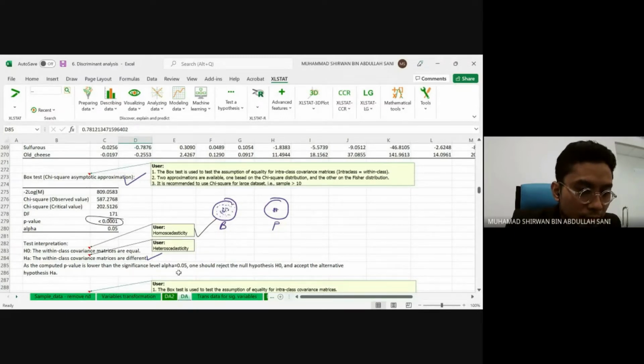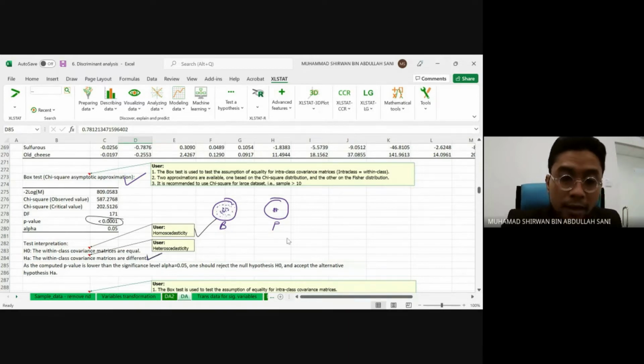It is lower than the significance level 0.05, so one should reject the null hypothesis and accept the alternative hypothesis, meaning that heteroscedasticity occurs here in the data set. However, as we have conducted the variable transformation, we have treated that one earlier.